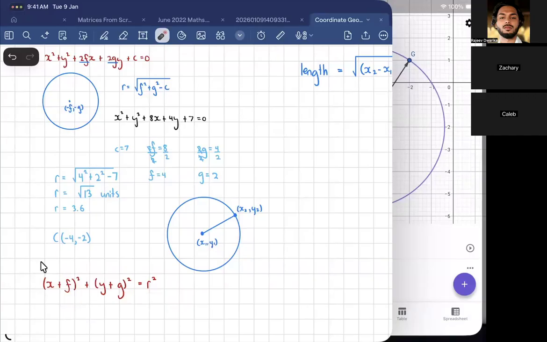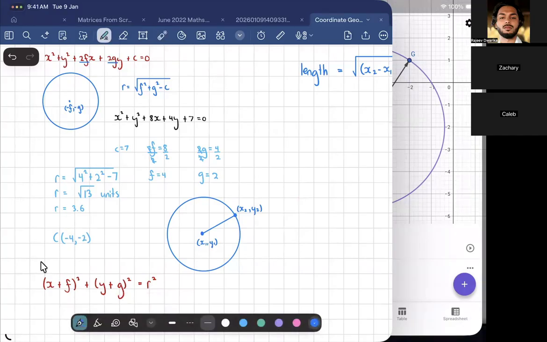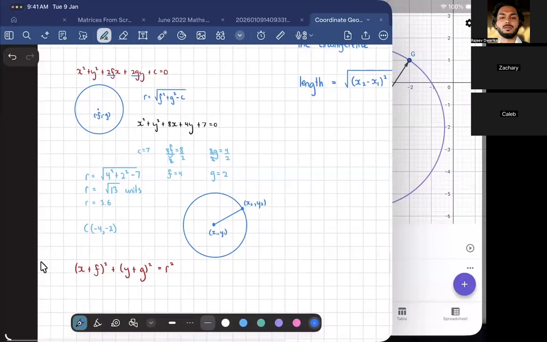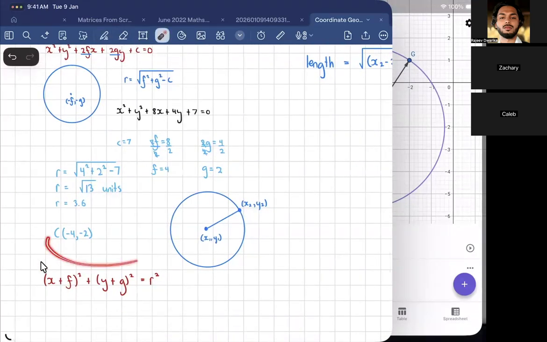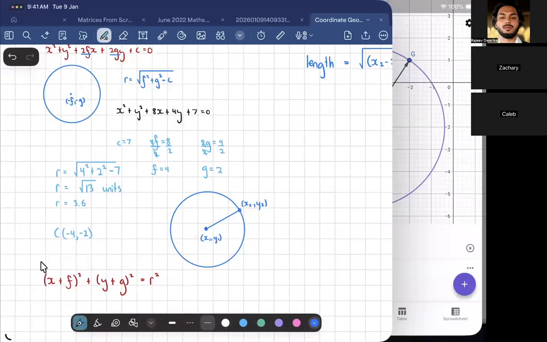So Caleb, look at the previous question. Think of it like part of the first question, and I want you to tell me, Caleb, what was f and what was g? In the previous question, f is 4, g is 2.